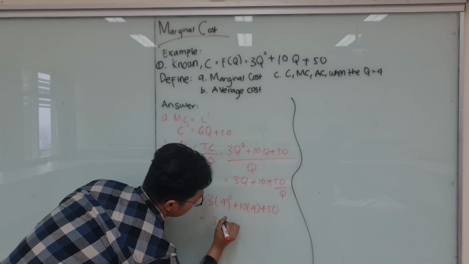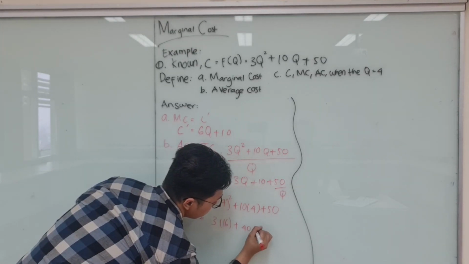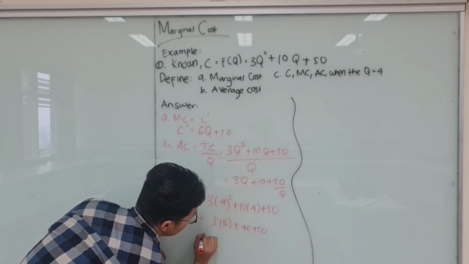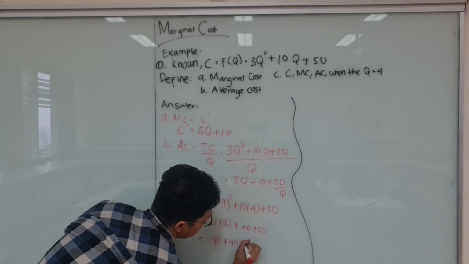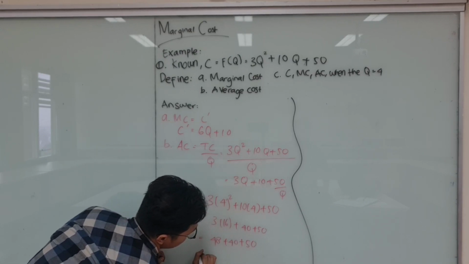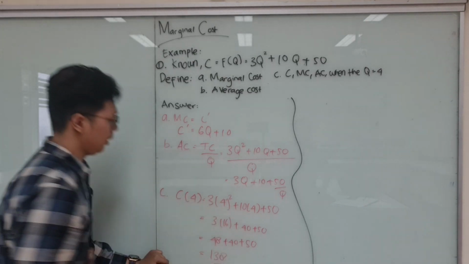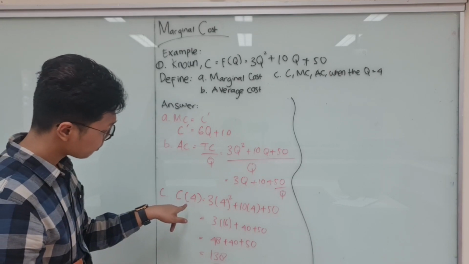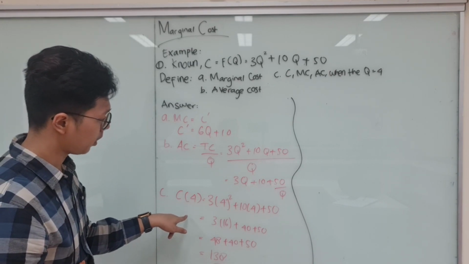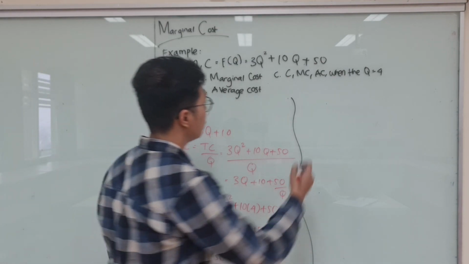So 3 times 16 plus 40 plus 50, so 48 plus 40 plus 50 equals 138. And this is the total cost to make 4 products.